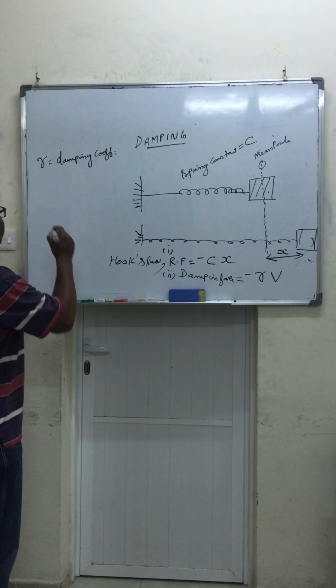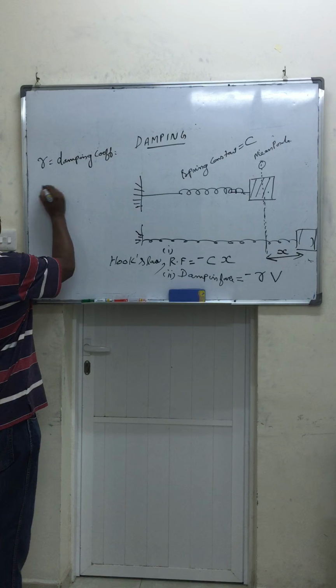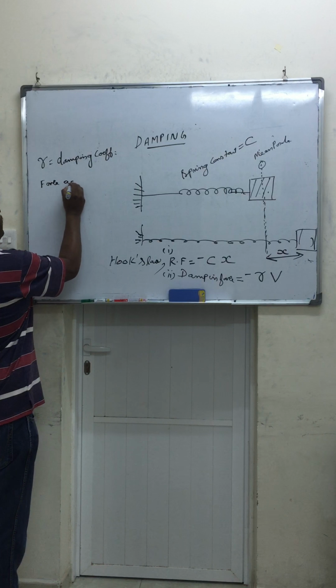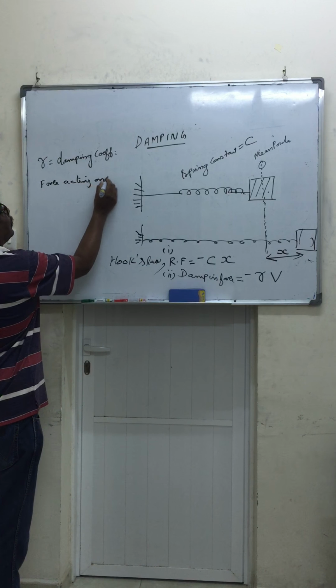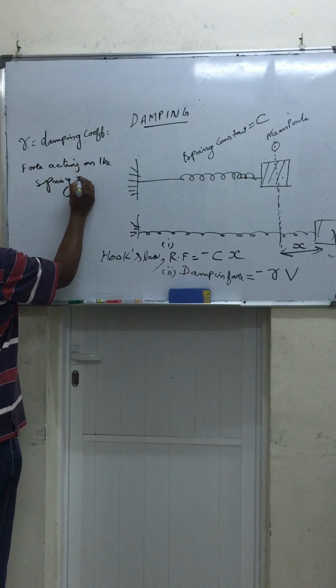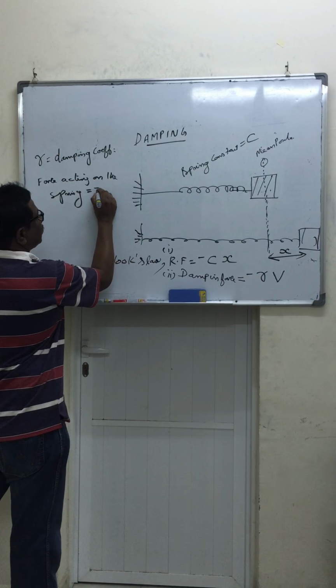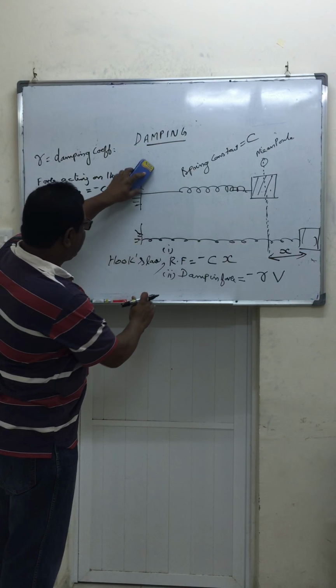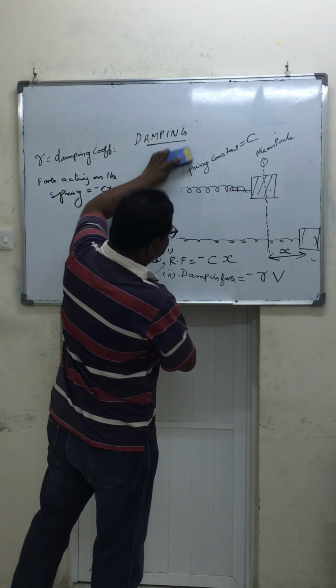So we can write force acting on the spring equals, first one is minus Cx. Then one more is there. You have no need of this figure.